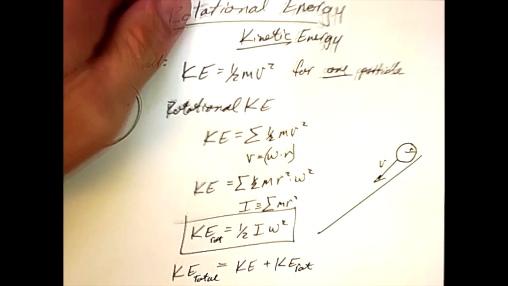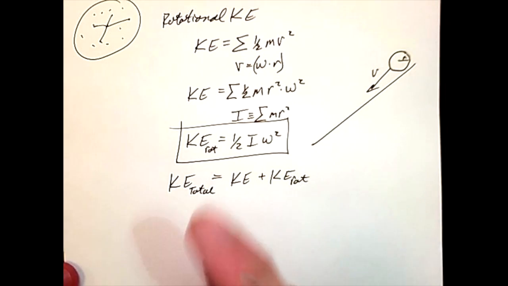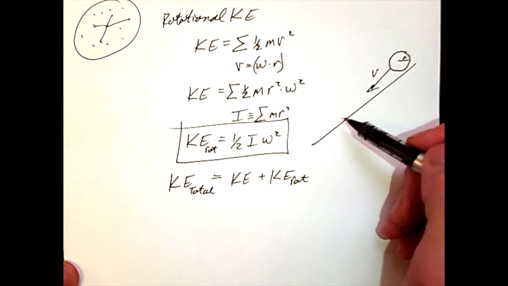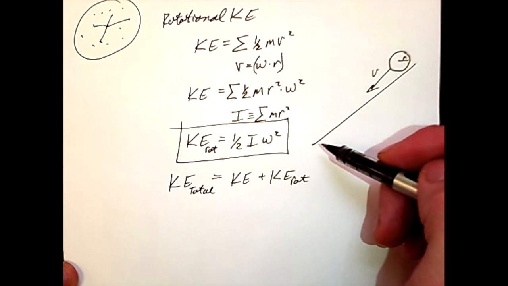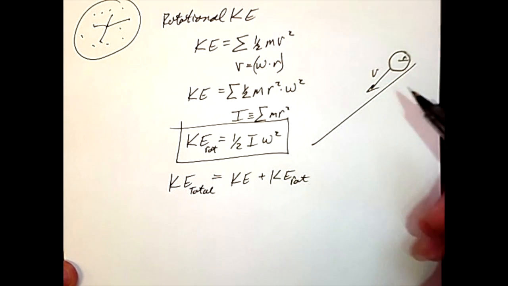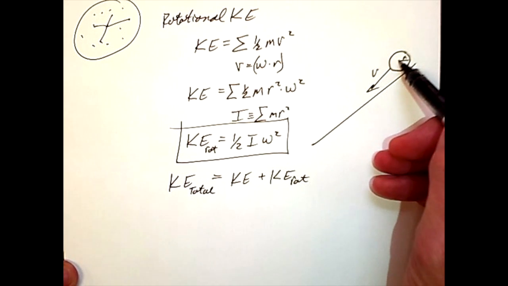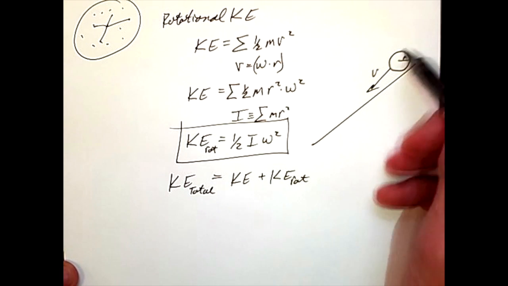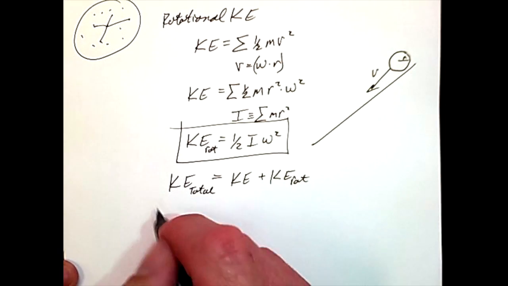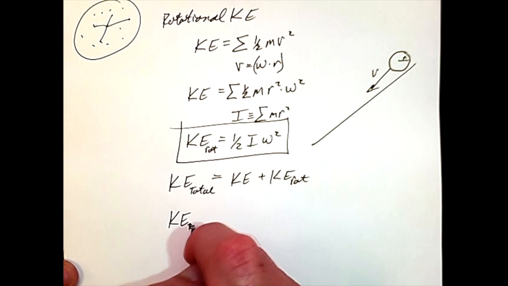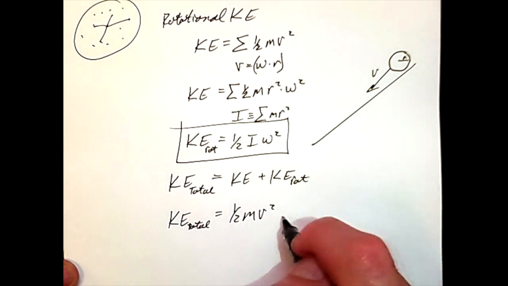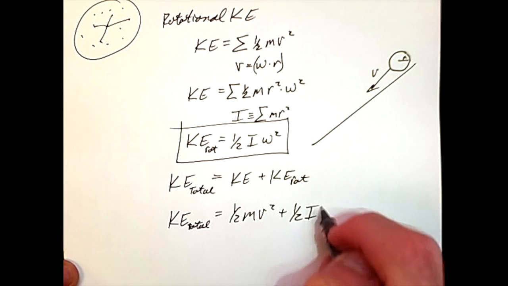And so the total kinetic energy for a rolling, moving, rotating object, so in other words, a round object that has a radius and a distribution of particles that is now moving laterally while also spinning, truly has a kinetic energy total of 1/2 mv squared plus 1/2 I omega squared.